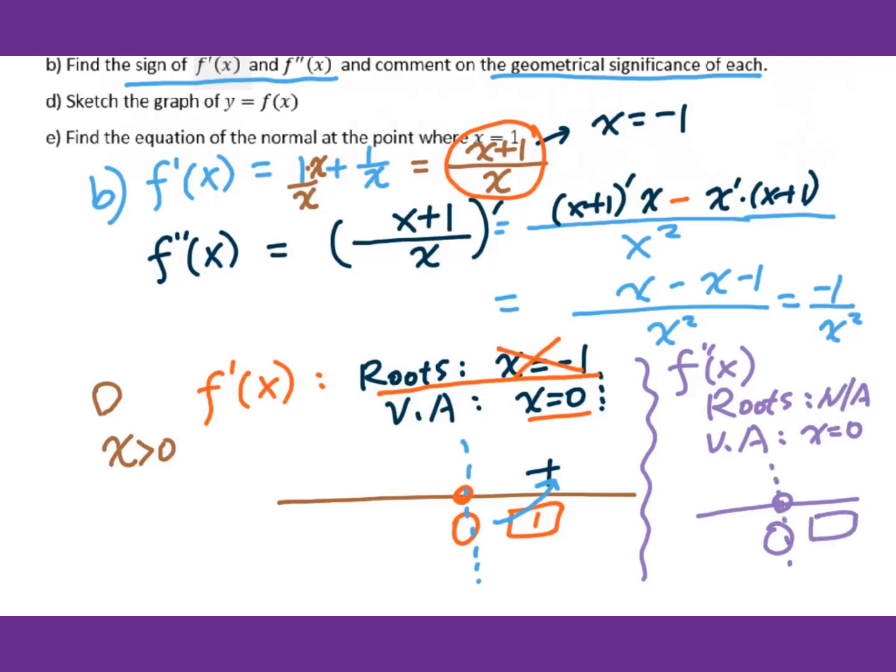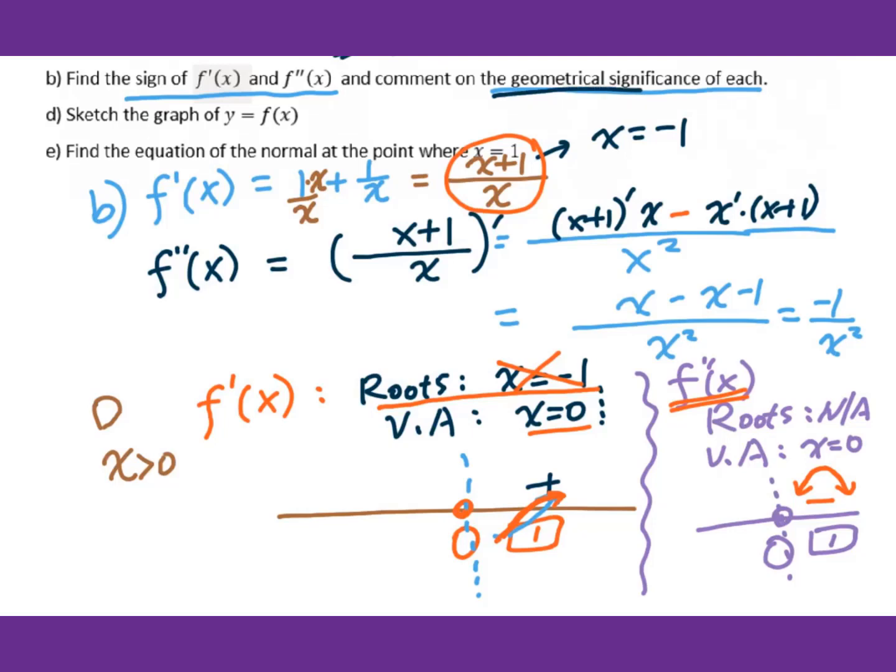We choose 1. You could say it's negative. That means the graph is like this. It's concave down. In other words, for the graph, this part will be like this, not concave up. So normally we use the second derivative to decide the pattern of the curve.